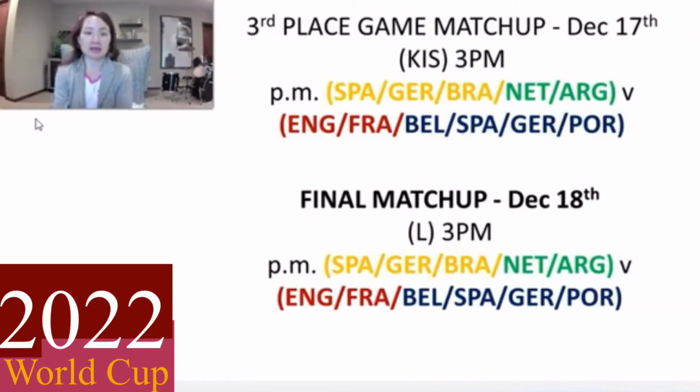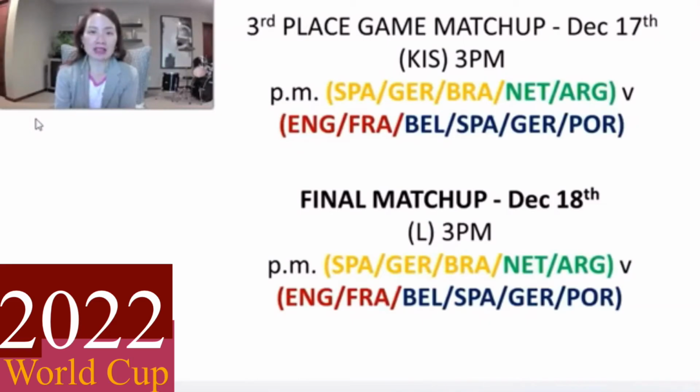And as I said, based on how home field advantage seems to be of major help to the team in winning the cup, my pick would be a European team to win it all, even though Brazil is the favorite.